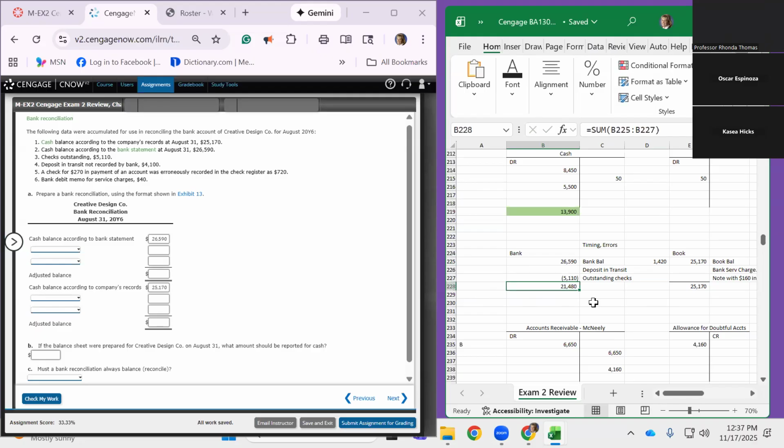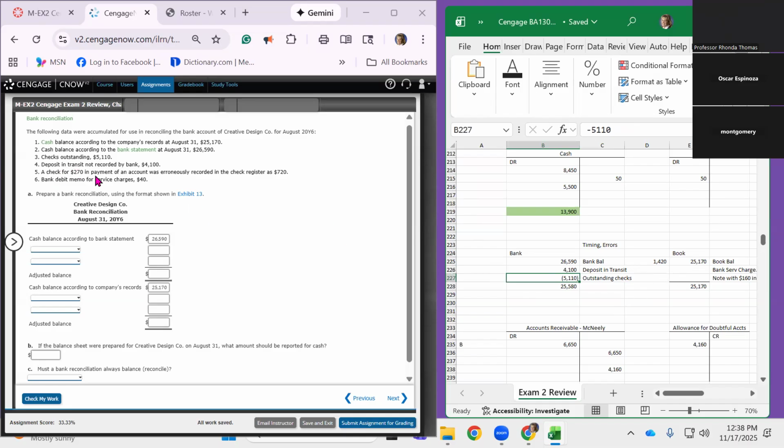Okay. The next one is deposit in transit. Deposit in transit means that we took a deposit in, okay, but the bank hasn't put it in our account yet. So we really need to add that deposit to the bank balance. Okay.